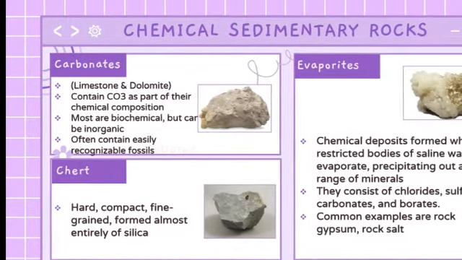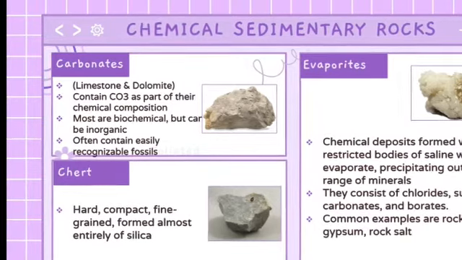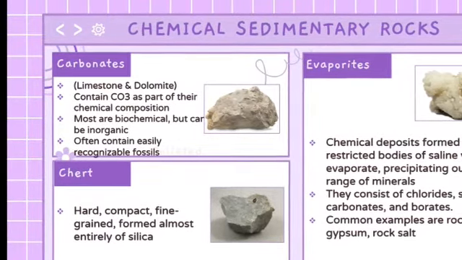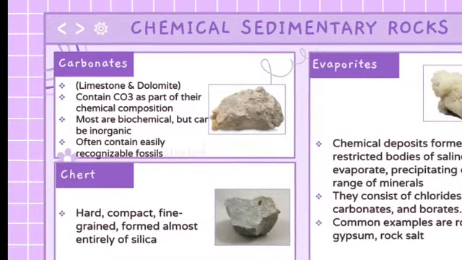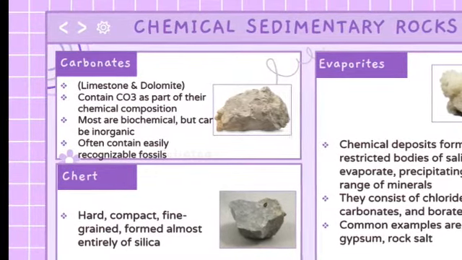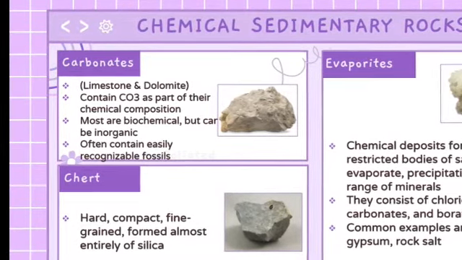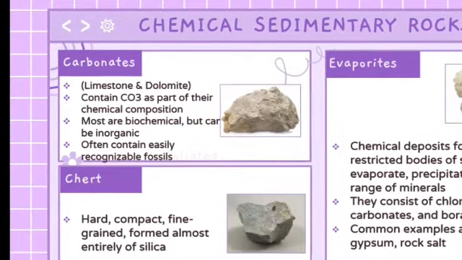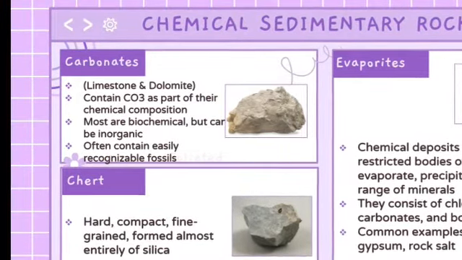As for chert, it is hard, compact, fine-grained, and formed almost entirely of silica. Chert can occur as layers or as lumpy nodules within other sedimentary rocks, especially limestone. Evaporites are chemical deposits formed when restricted bodies of saline water evaporate, precipitating out a range of minerals.